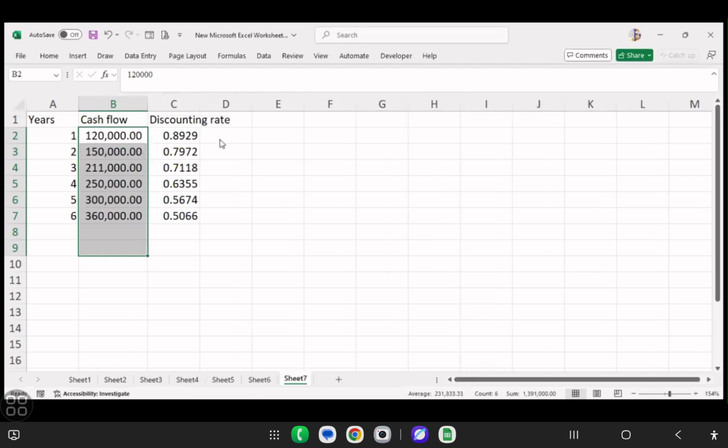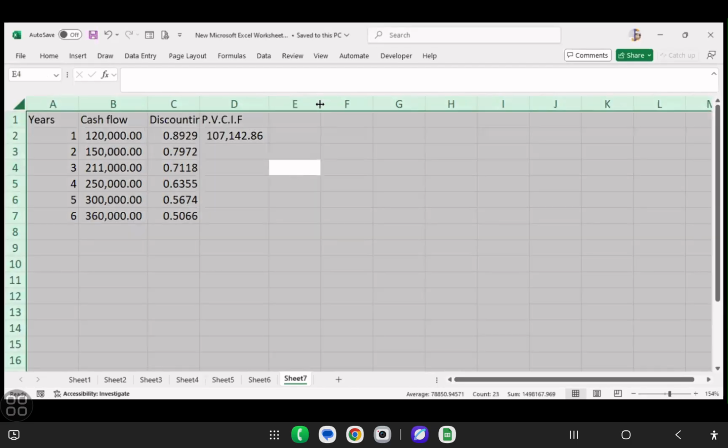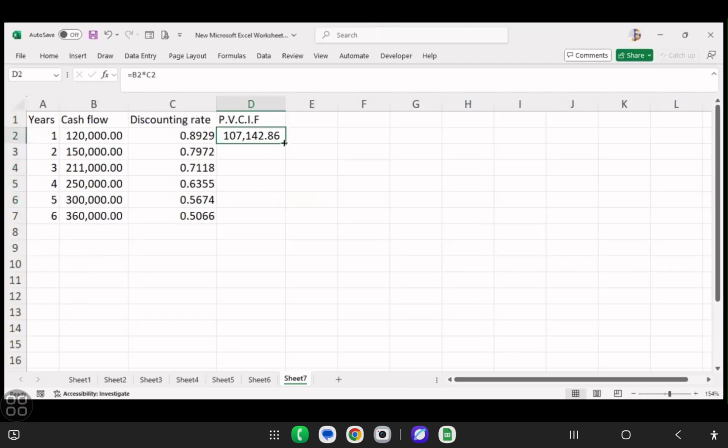Then when you come to the next column, we give the present value of cash inflows. How do we get the present value? It is equal to the cash flows multiplied by the discounting factor. We need to determine it for each of the periods.